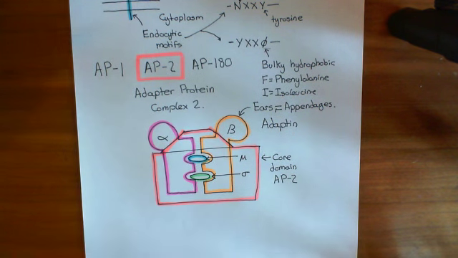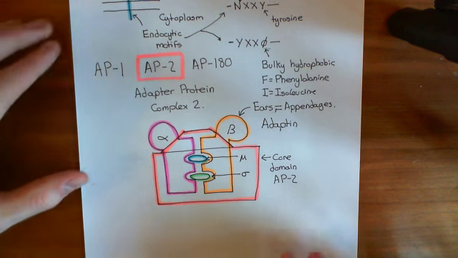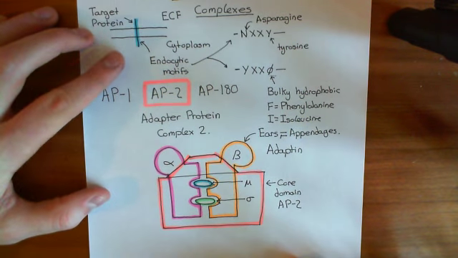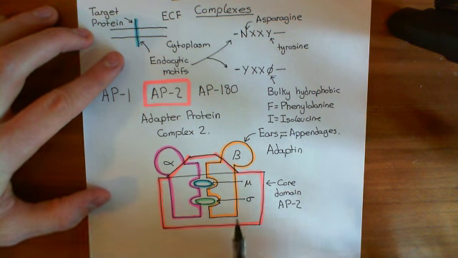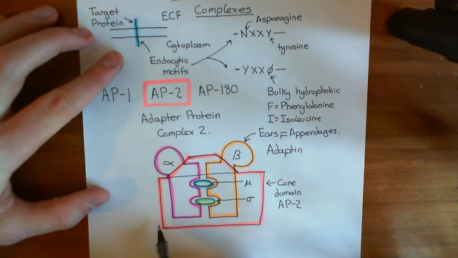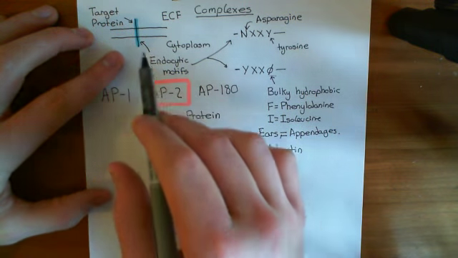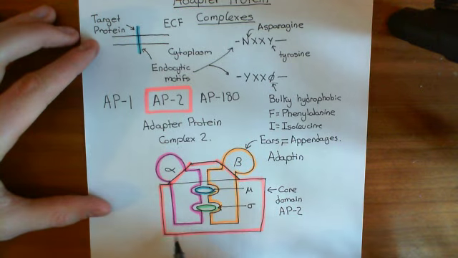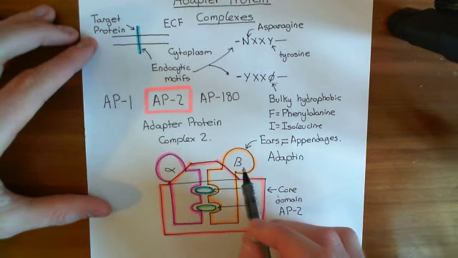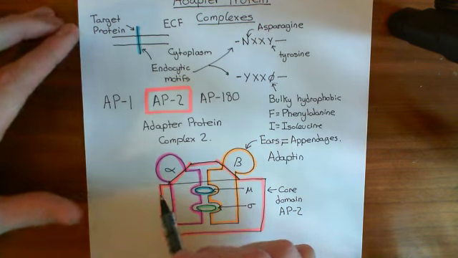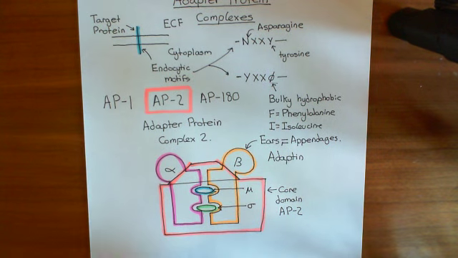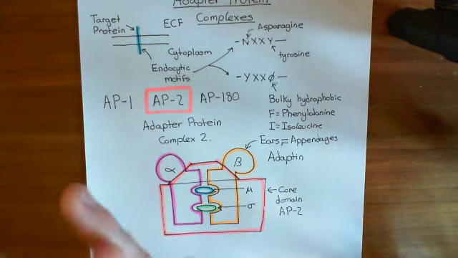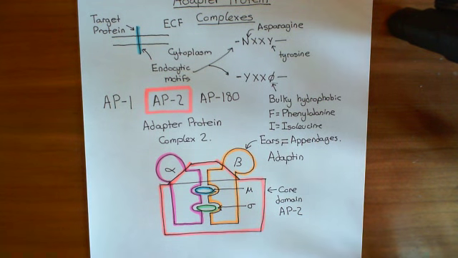Right, now, what does this protein complex do? Well, we know what it needs to do. It needs to bind to the endocytic motif. It is the core domain of the AP2 complex which binds to the endocytic motif, and the ears, the appendages, are going to interact with other proteins that are then going to come in and cause the target protein to be endocytosed.